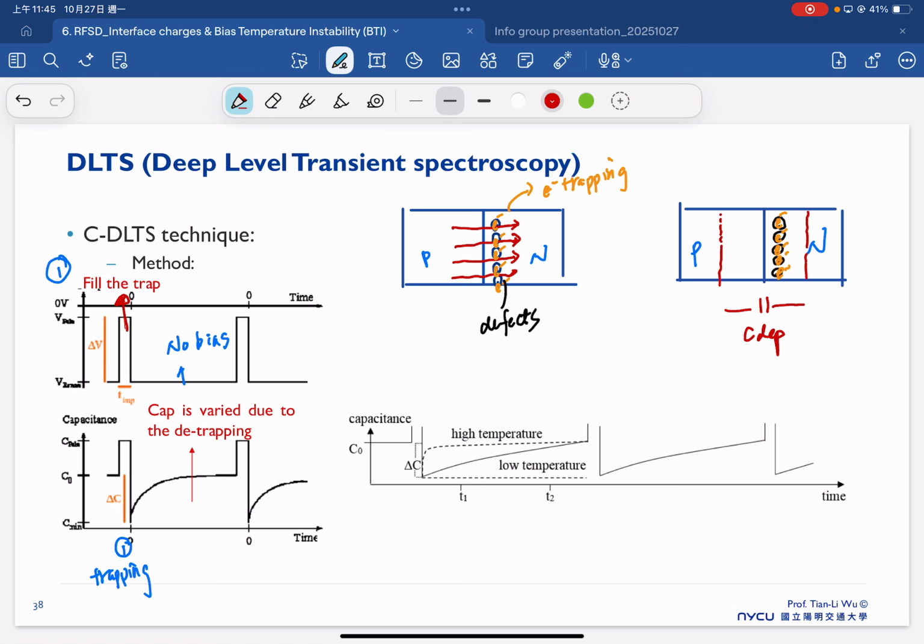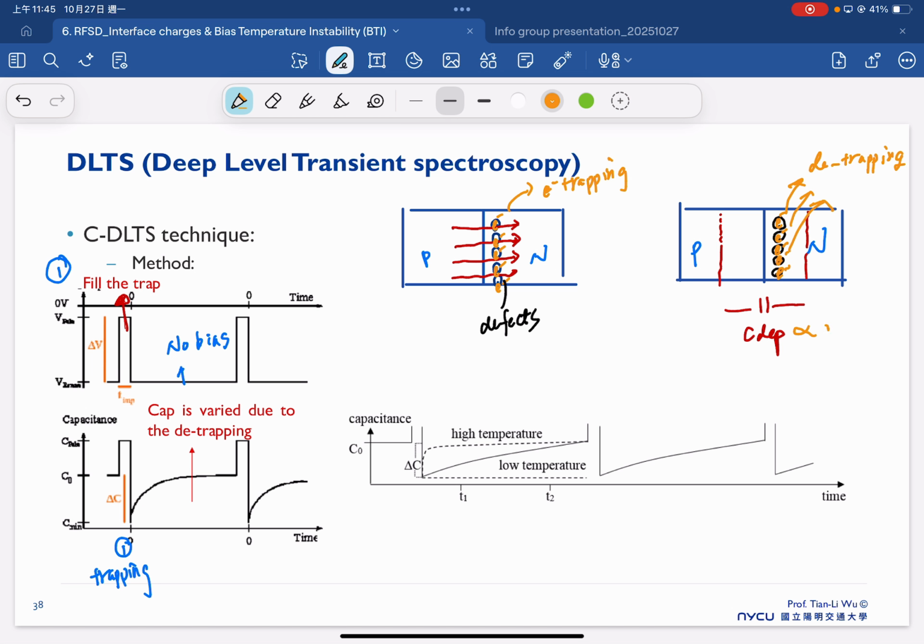And therefore, if we give a no bias, the electrons start to detrap. Because of detrapping, the charge inside this depletion region starts to change. Then you will see the depletion capacitance start to change.